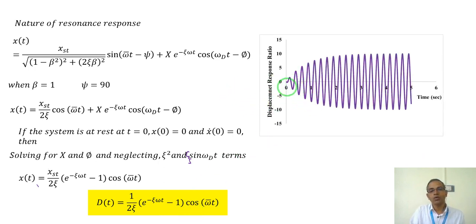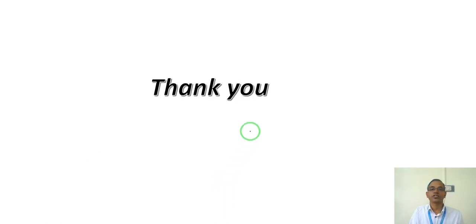Now the amplitudes are increasing exponentially, and after some time it is constant. This is because there is damping. So that fear is not there when you go after some time. It maintains a constant amplitude after some time, but initially the amplitude is high. So this is the response at resonance for a damped system. Thank you.